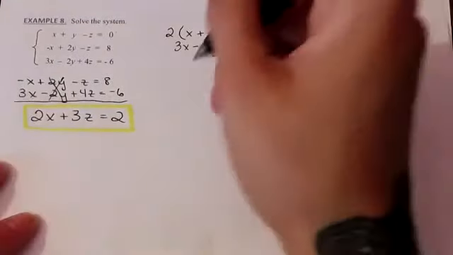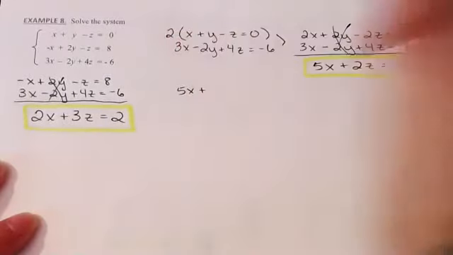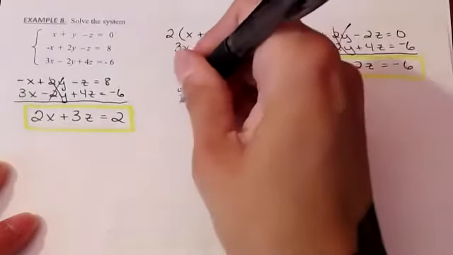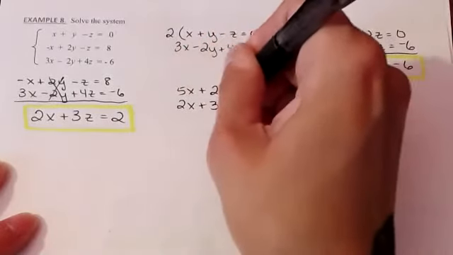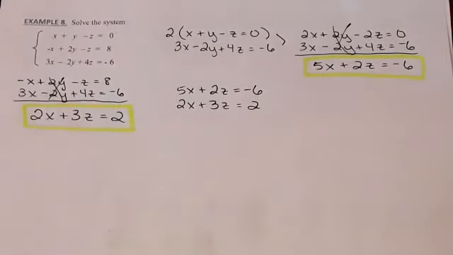So I'm going to rewrite my equations. We have 5x plus 2z is equal to negative 6. And I have 2x plus 3z is equal to 2. I'm going to choose to eliminate my z's. I have a 2 and a 3. I want them to both become 6 and a negative 6.